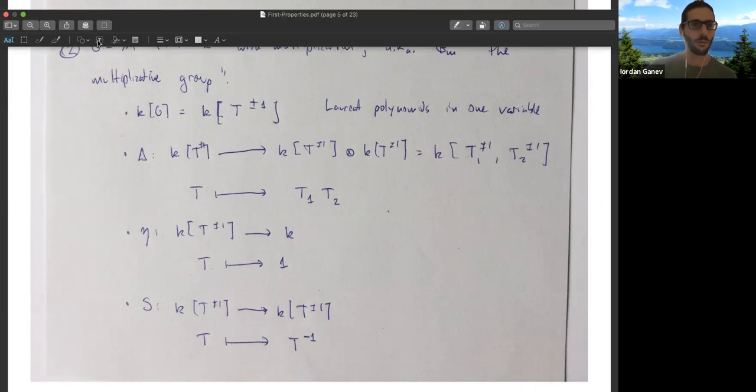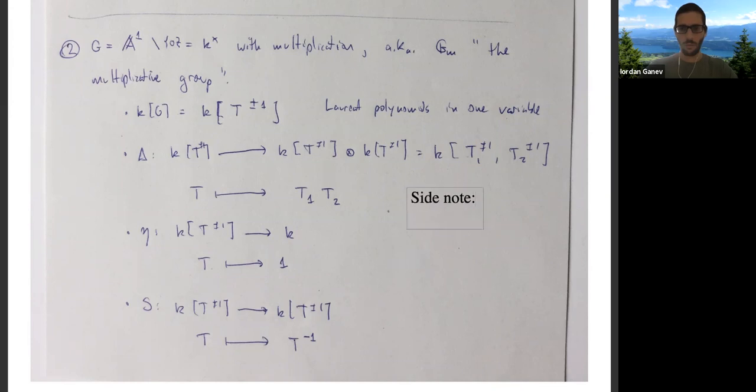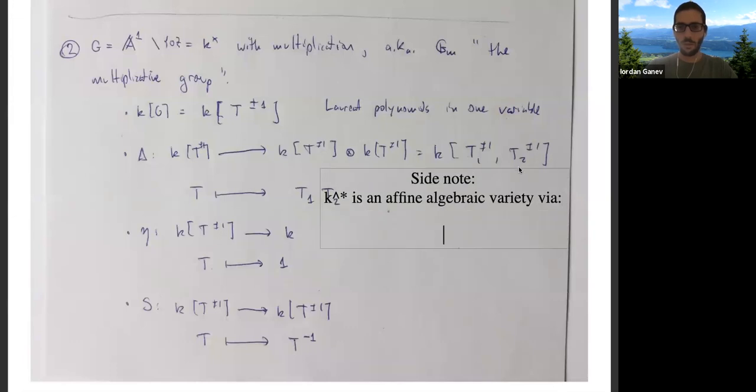So as a side note here, K star is an affine algebraic variety via the following construction.